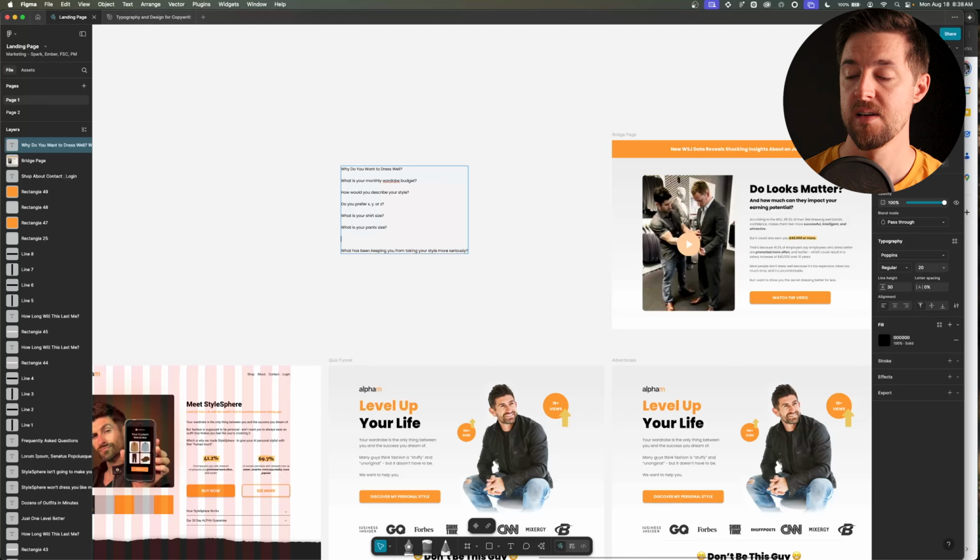Do clothes normally fit you? Are your clothes normally baggy or tight on you? What fit do you prefer? Okay, 1, 2, 3, 4, 5, 6, 7, 8, 9. I like that. That's a good amount of questions.